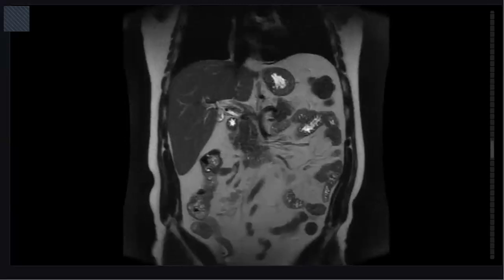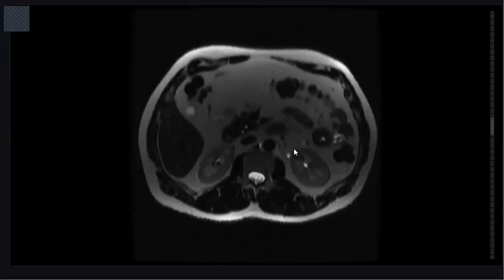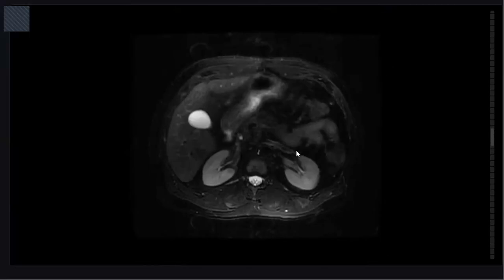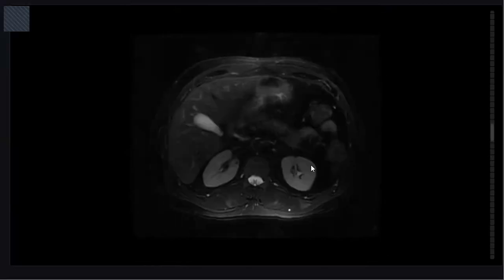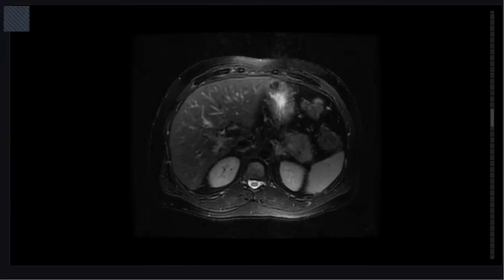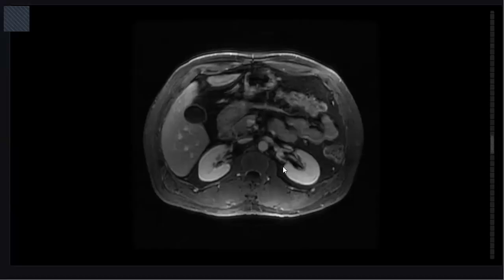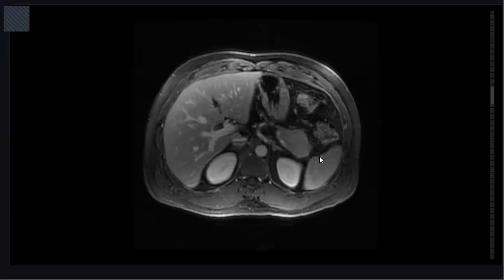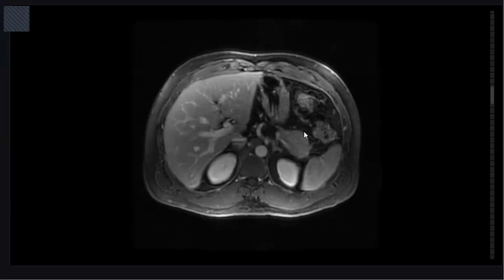On the MRI, it appears to be hyperintense. Okay, but the pancreas itself is hypointense, and it shows contrast enhancement on the delayed phase. I think there are no cystic changes here to suggest any cystic pancreatic neoplasm.